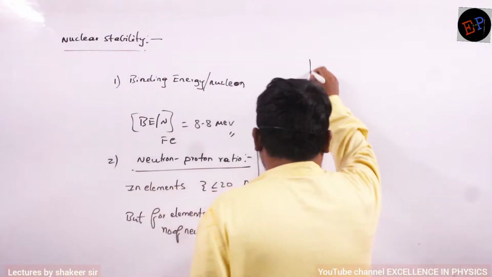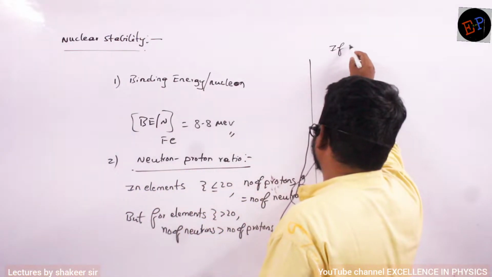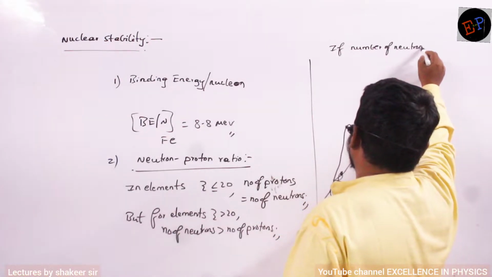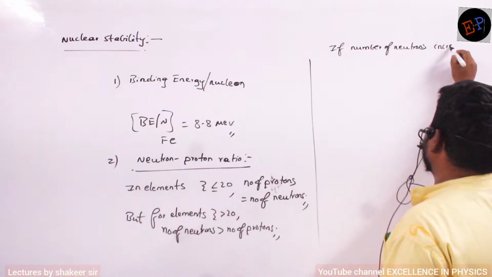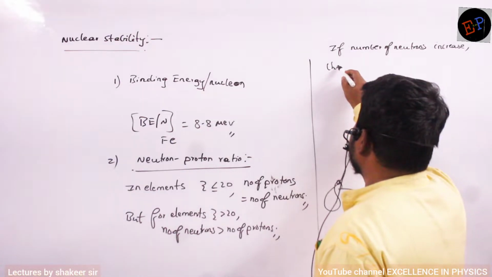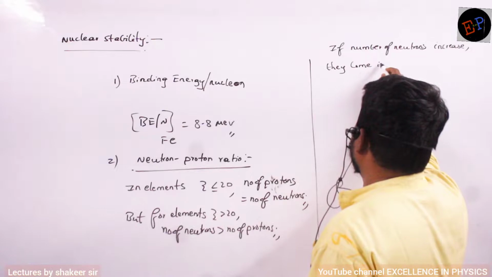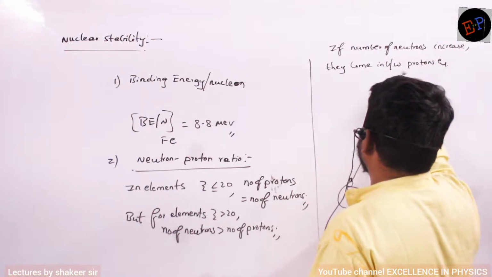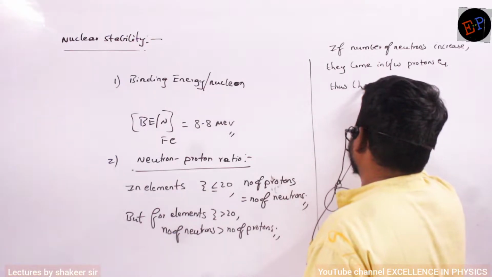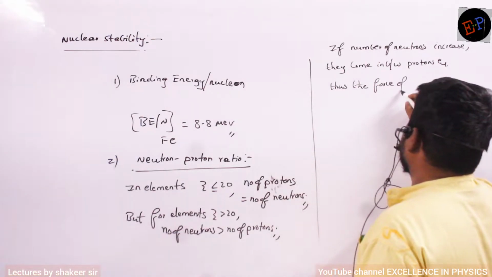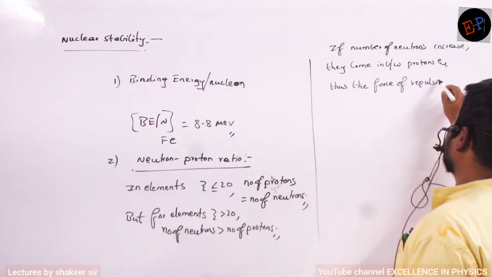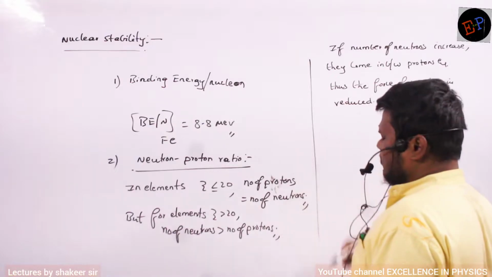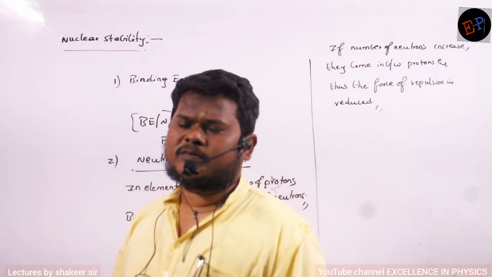If the number of neutrons increases, they come in between protons, and thus the force of repulsion is reduced. If the force of repulsion reduces, automatically the nucleus will become stable.